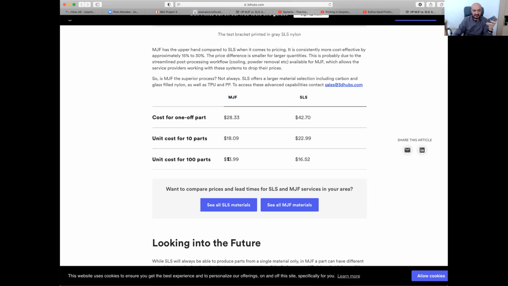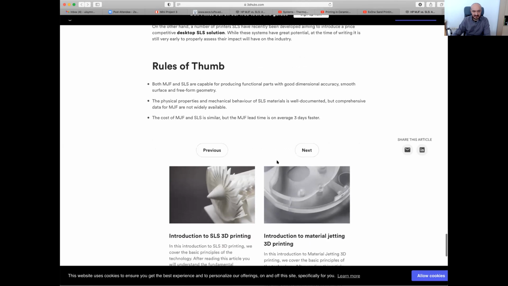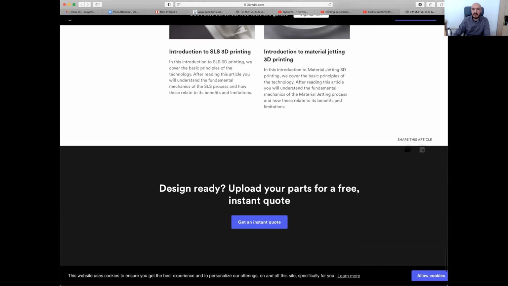And if you look at here, if you are producing the same part for more than 100 times, then you will have a bit of advantage in the multi-jet fusion process. It's more costly if you are doing selective laser sintering process.